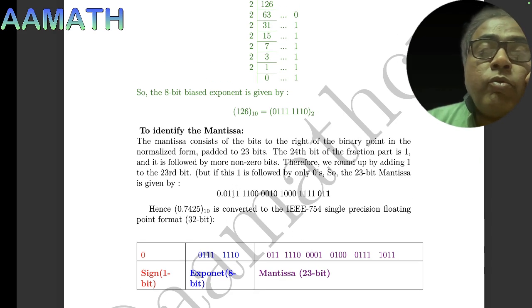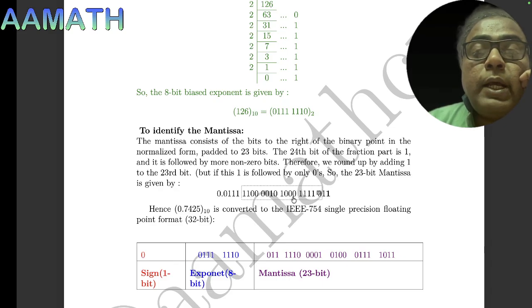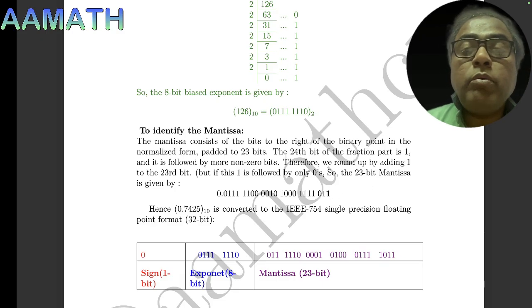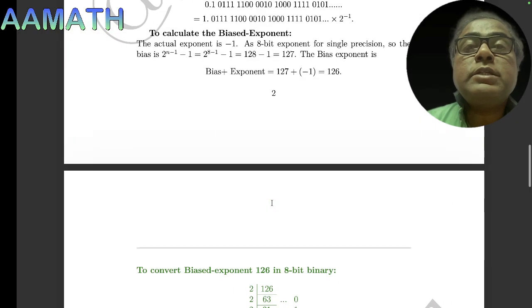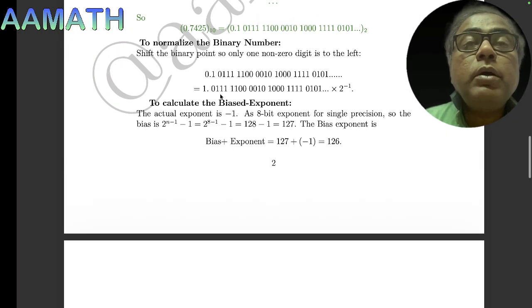Counting 4, 8, 12, 16, 20, and then 0 1 1, that makes 23 bits. This one is padded by the rounding rule, from the standard.